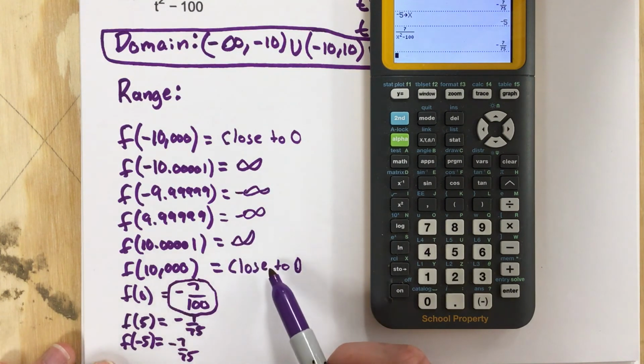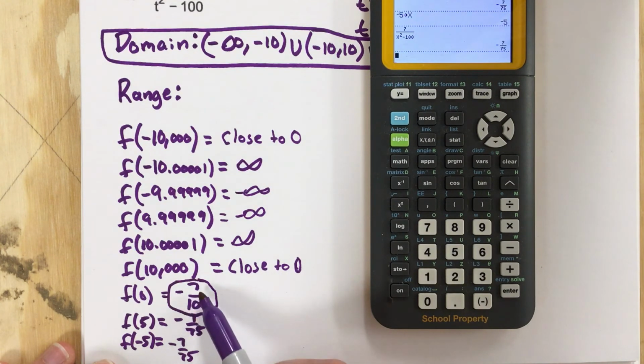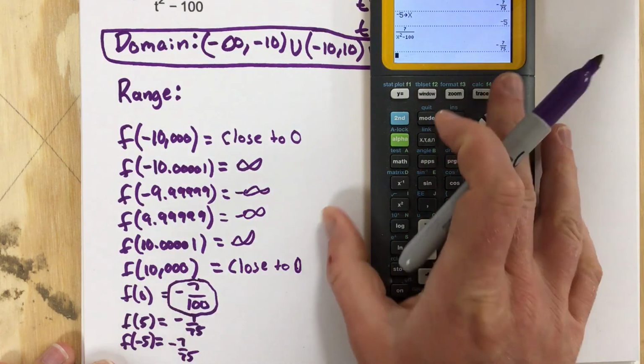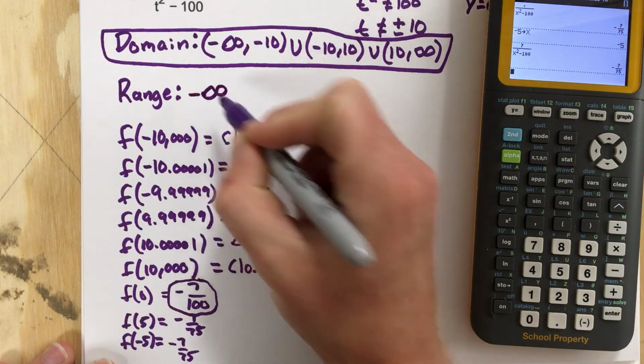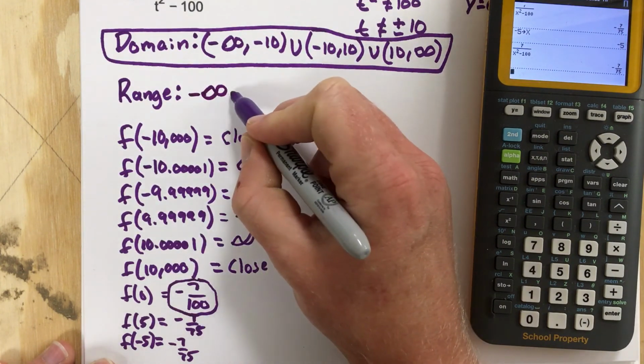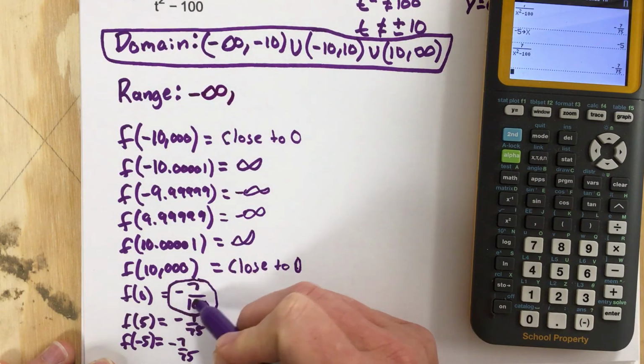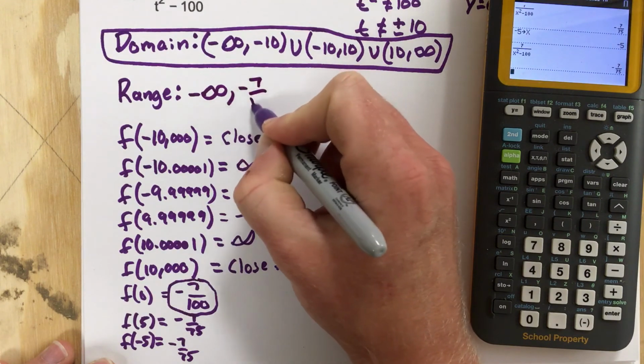We know we can get close to 0 from the right side as close as we want, but from the left side we can only get as close to 0 as negative 7 over 100. So our range value then is going to go from negative infinity, because we saw that we got negative infinities. We saw that we bottomed out at negative 7 over 100.